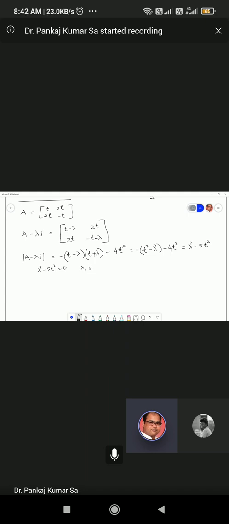So let me write lambda 1 as square root of 5 times t, and lambda 2 is equal to minus square root of 5 times t.